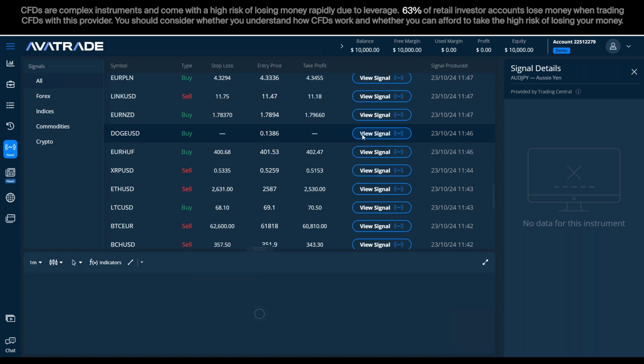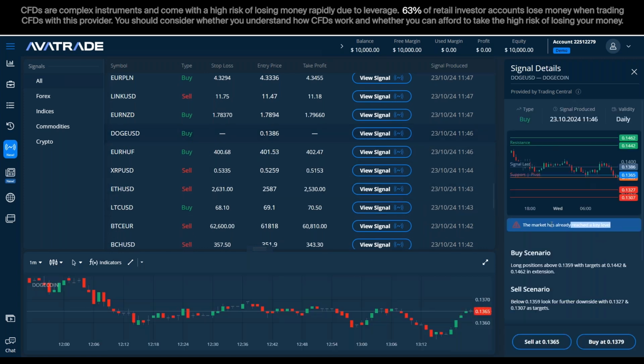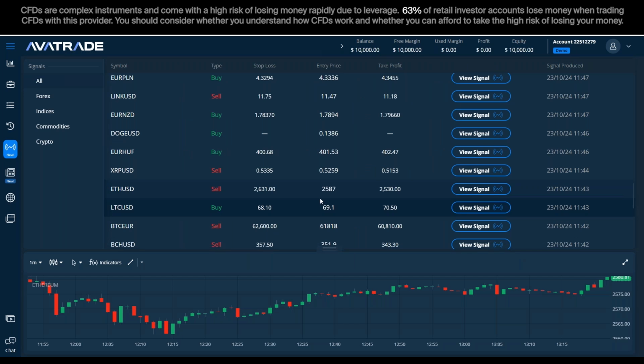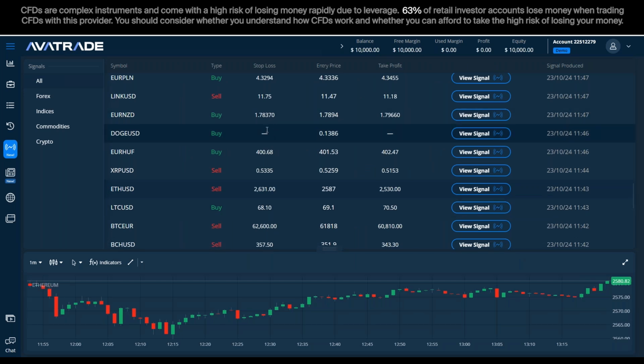Let me give you another one. Okay, you see, that means this signal is not valid anymore, and we can't use the signals at the moment. Perhaps in the next round it will have a signal, but not currently. Okay, that's what it means.